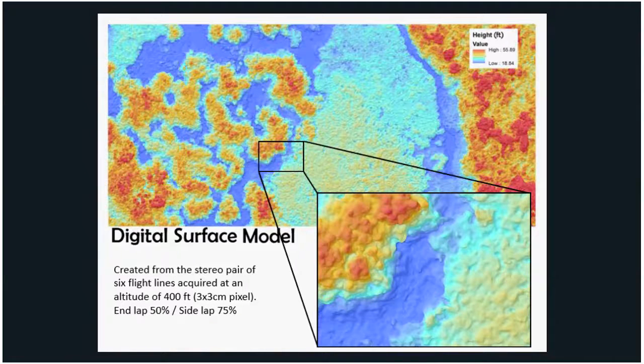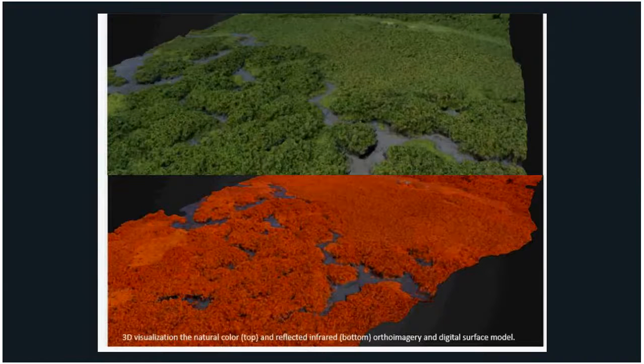And then, as Sam was explaining, you can create these digital surface models from the photogrammetric methods that the software is using. We found these are very useful for visualizing the wetland environment and also getting an idea of canopy structure. So that shows you a comparison.